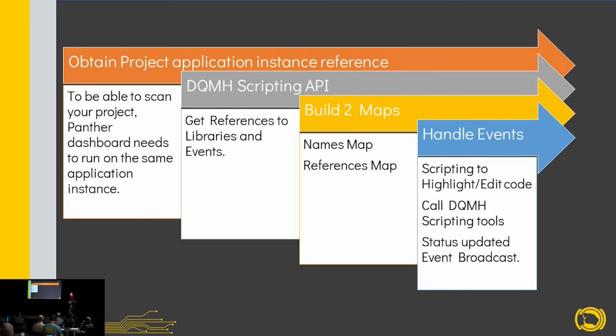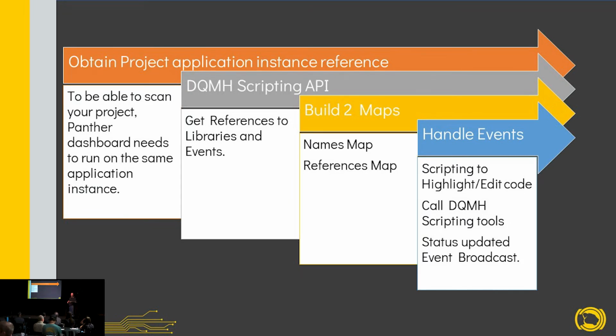Okay, so the key to create this application, and the most difficult part, was to obtain the project application instance. The first approach I had with this tool was to add it into the functions palette, and the end user would have to add a VI into their code in order to run in the same application instance.